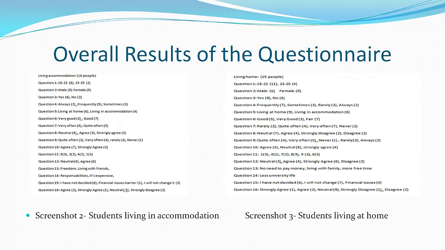Next, it's the overall results of the questionnaire. So basically this is what students answered. On the left hand side, as you can see, are the answers of the students living in accommodation, and on the right hand side are the students living at home.